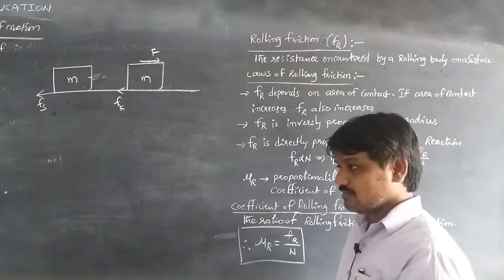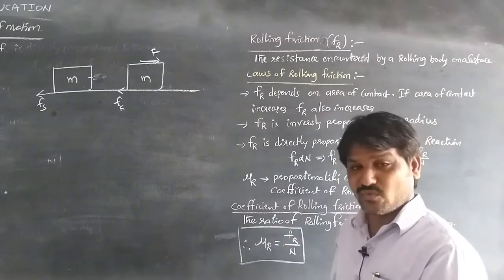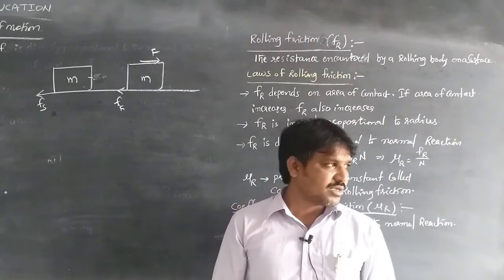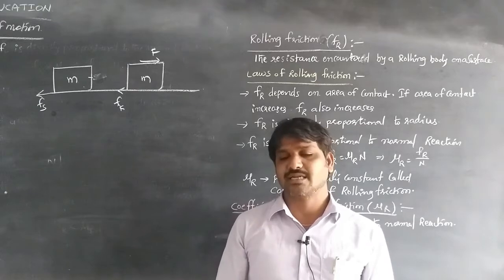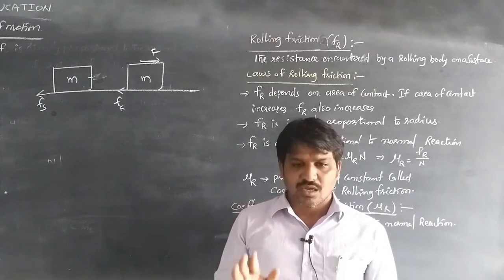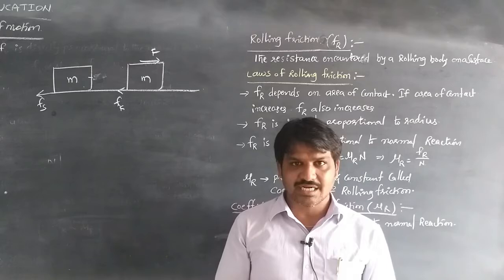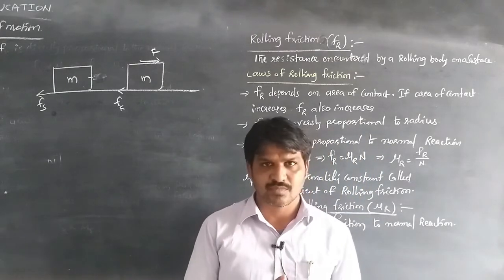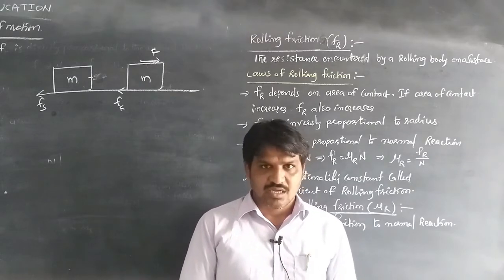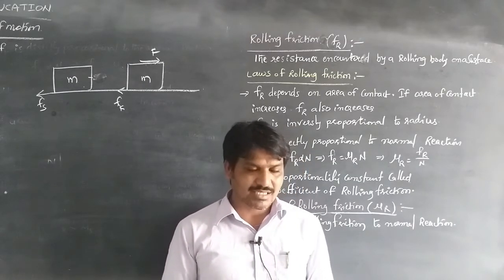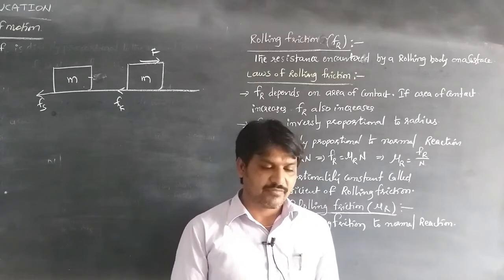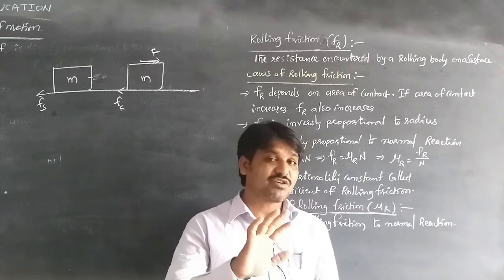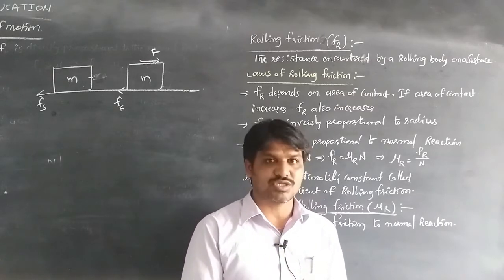For example, if we are moving a cylinder at our home, if the cylinder is in static condition, we require more energy to move it. Otherwise, once the cylinder is moving, we don't need that much force whenever the body is in motion.